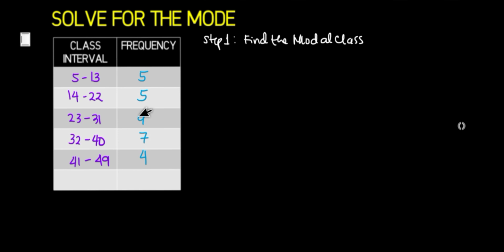So, now, dito naman tayo sa mode. So, yun pa rin yung interval and then frequency. So, step 1 is first, let's find the modal class. So, anong frequency po ang pinakamataas? So, ang highest frequency ay, tingnan natin, 9.